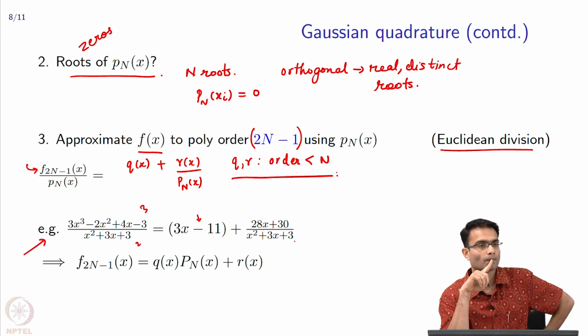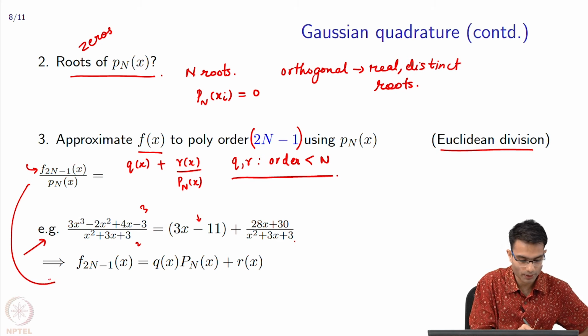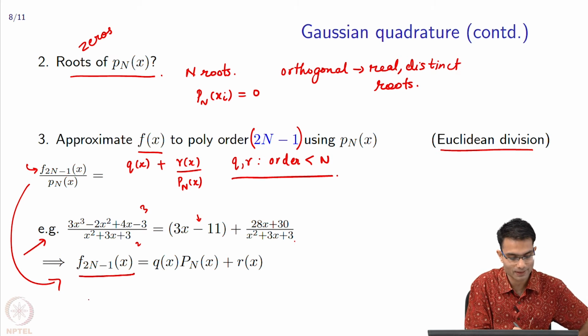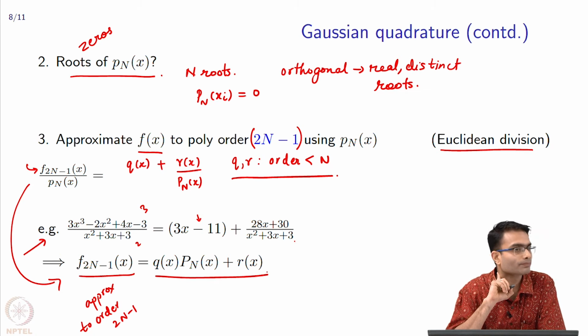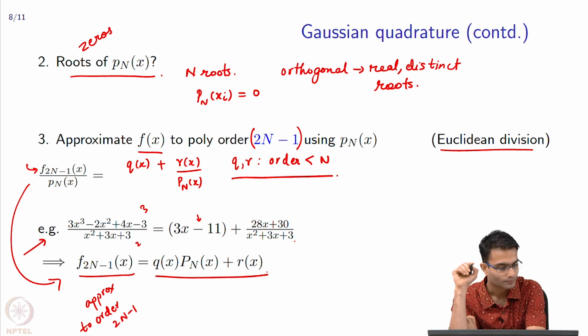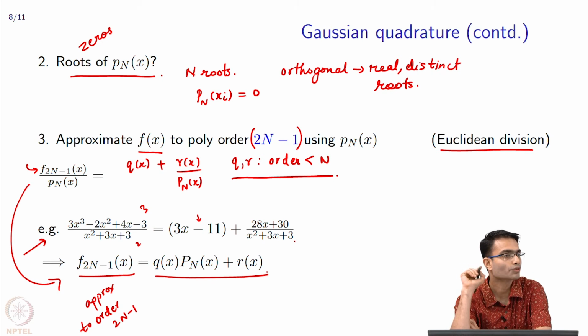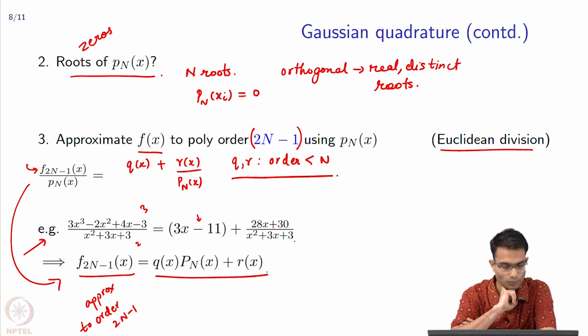If I open out this formula, I get f_{2n-1}(x), the approximation to order 2n minus 1, as q(x) multiplied by p_n(x) plus r(x). That is your Euclidean division. I removed the denominator by multiplying p_n(x) on both sides.